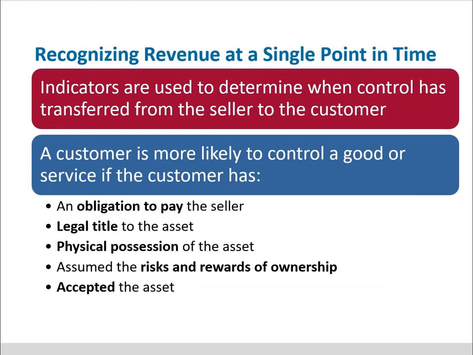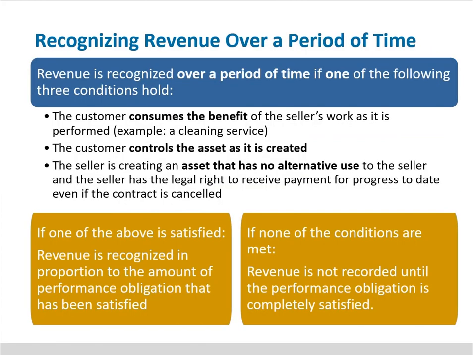On this slide, you can see some of the key indicators that are used to determine when control has transferred from the seller to the customer. Sellers need to evaluate these indicators individually and in combination to decide whether control has been transferred, because that's what determines whether or not revenue can be recognized.